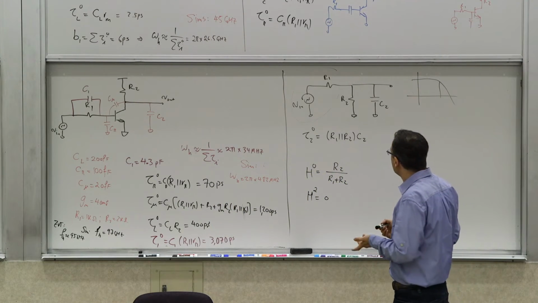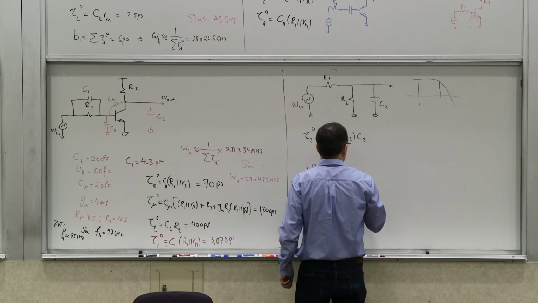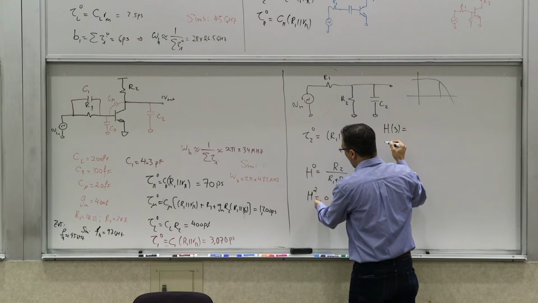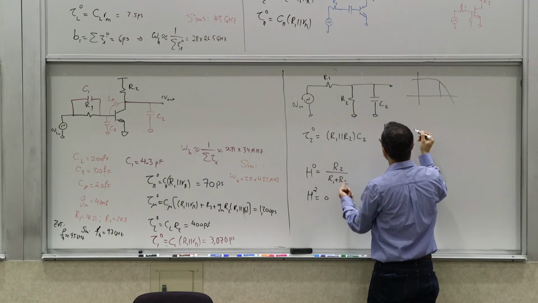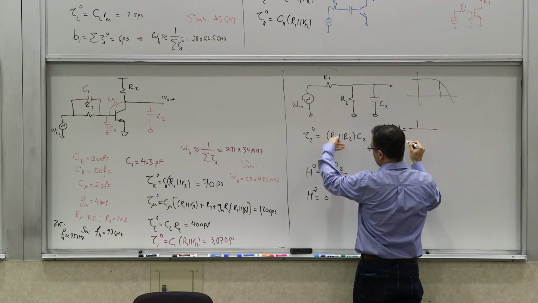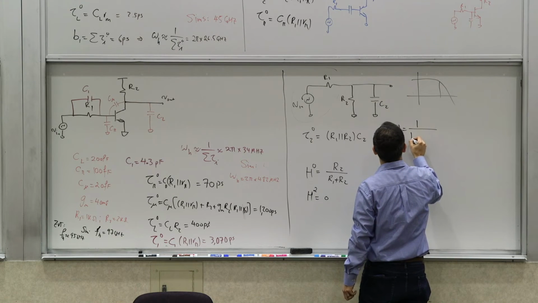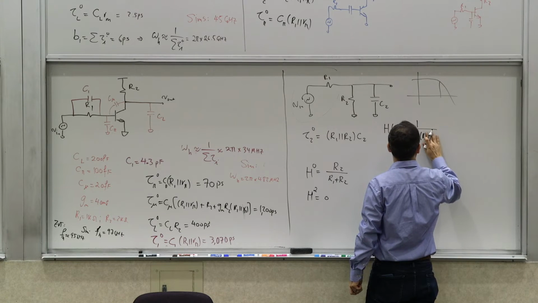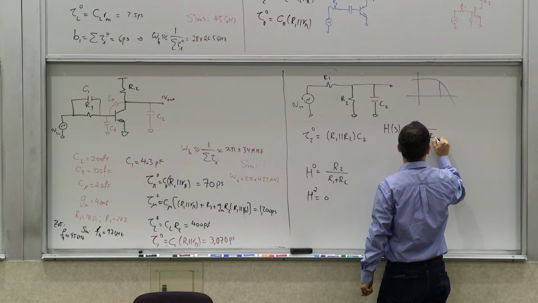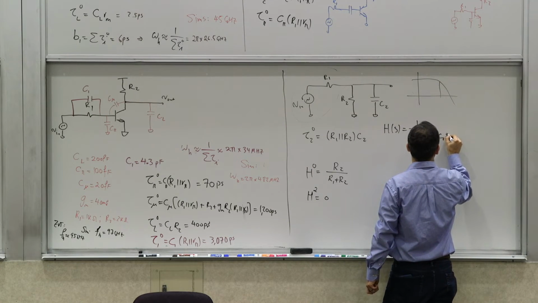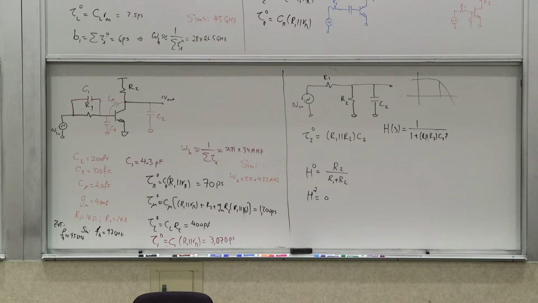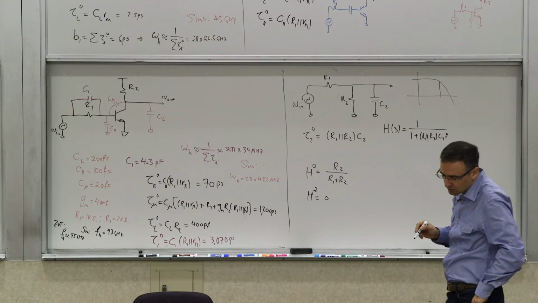And if you know these two, you can basically write the H of s. The H of s is simply, so you have no zeros and you have one pole. You could tell without even writing any of this stuff. And it's basically H0 over 1 plus R1 parallel R2 C2 s. This is the transfer function of this thing. It's a basic first order low pass.